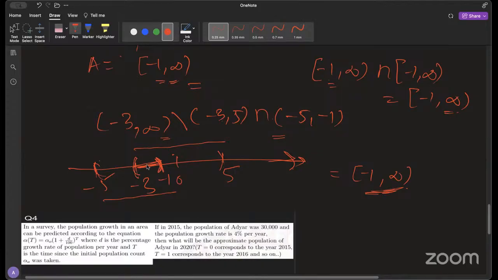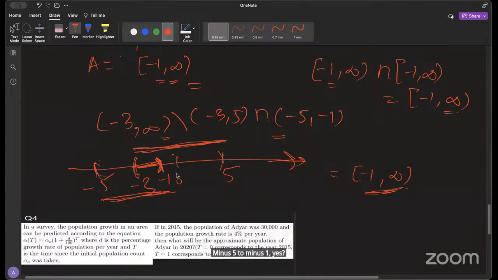When we take the intersection of -3, 5 and -5, -1, what will we get? We'll get -3, -1, this open interval. Just look at this. This is the whole interval, -3 to 5. And this is the whole interval, -5 to -1.